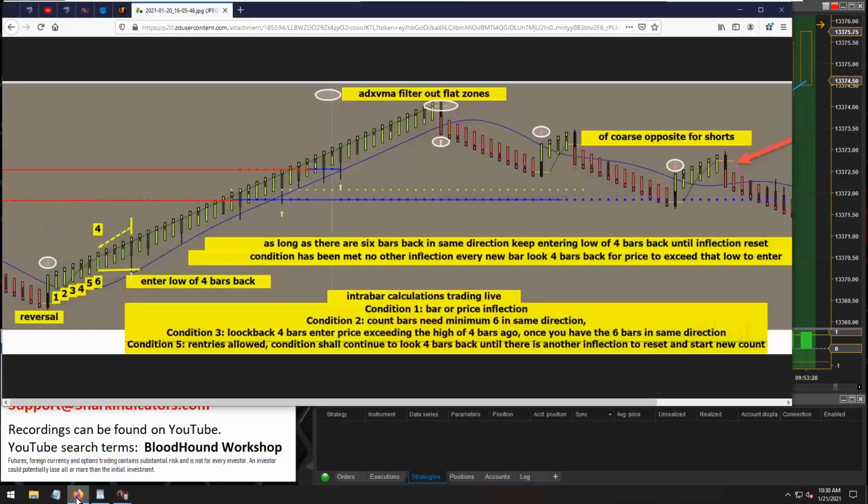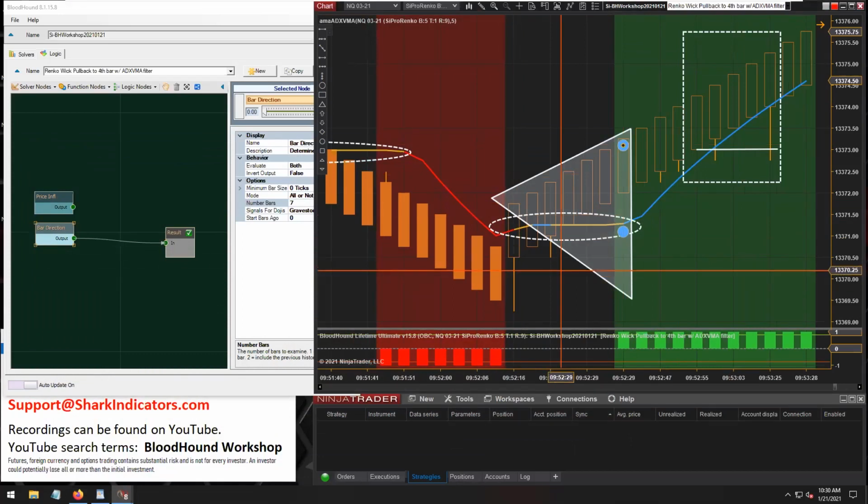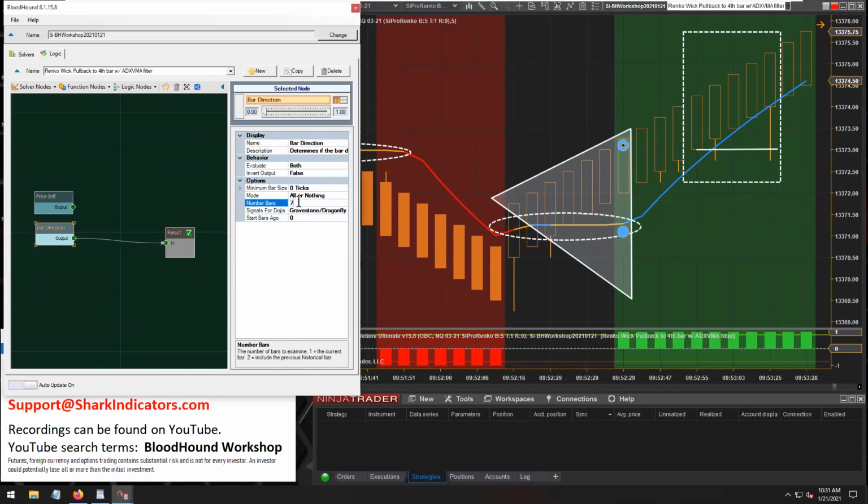Even though, if we go back to the instructions here, the counting starts from the first bar after the reversal, this reversal bar is an up bar. So, for the sake of the logic, the reversal bar has to be included in the counting because it is an up bar. So we actually are counting 7 bars.